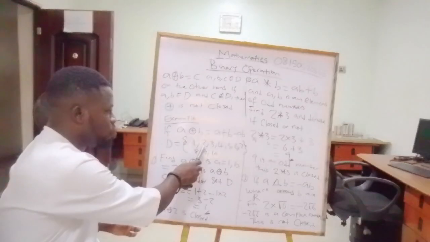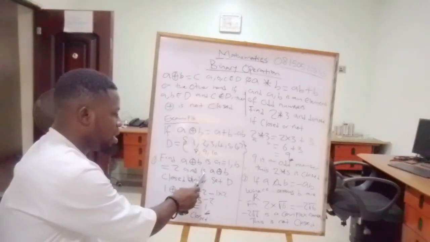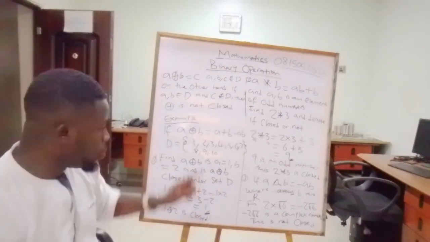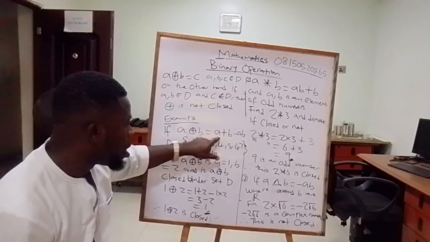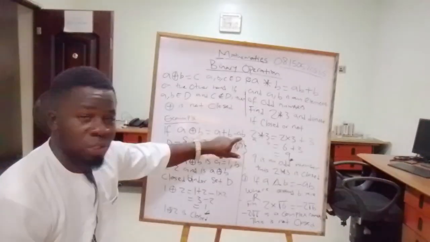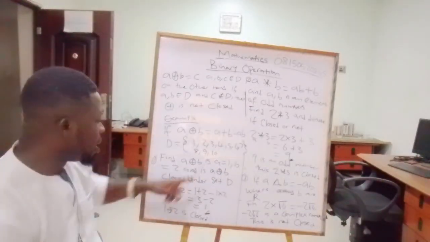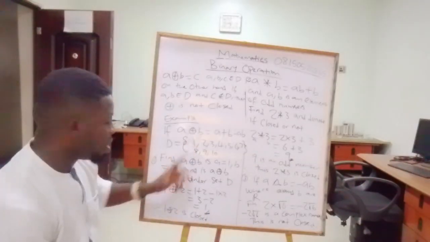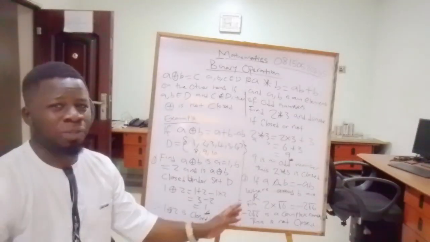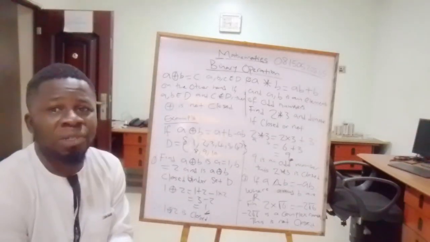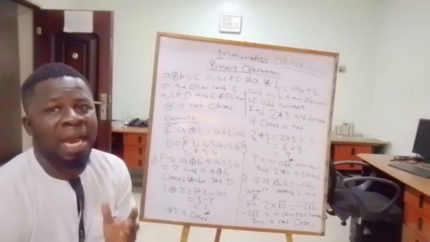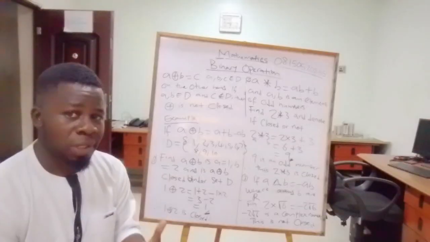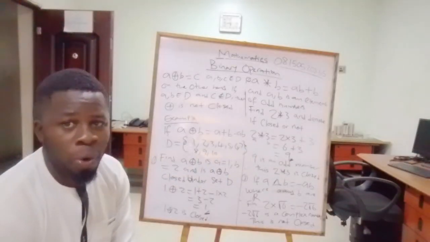B equals 2, you can see 2 is here. Now, is A operation B closed under set D? How will you know whether it's closed? Whatever the operation of all these gives us must be part of D. When we resolve it, we got 1, and 1 is still part of D. So therefore, it is closed. That's how to solve it. There's no big deal in knowing whether a binary operation is closed or not closed. So that's how you go about it.